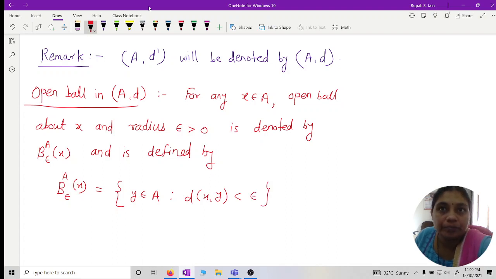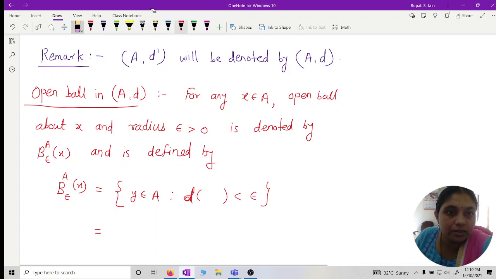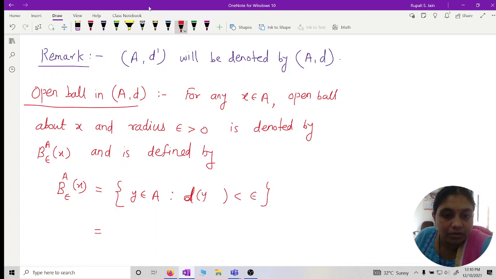Is that okay? It's the same definition but just with respect to A. Set of all y in A for which the distance of x, y or y, x you can say. Usually the center we write here. Let me write here: center is x, so the distance of y, x is less than epsilon.